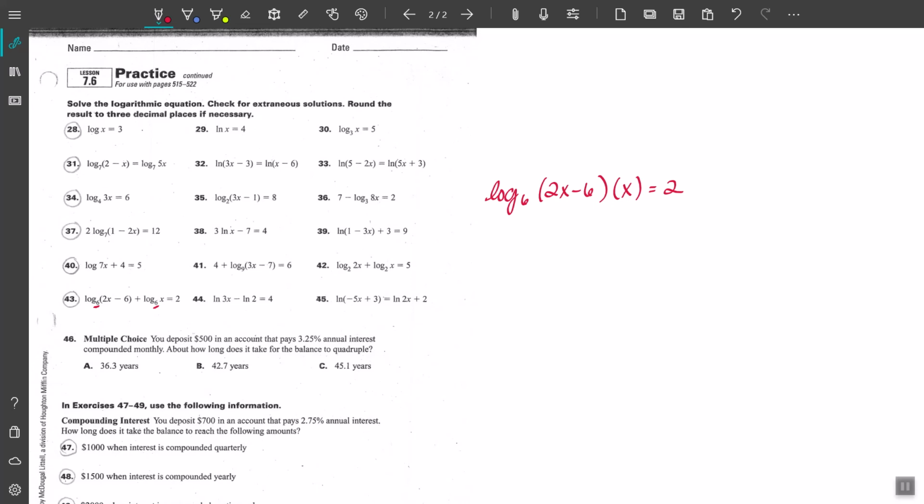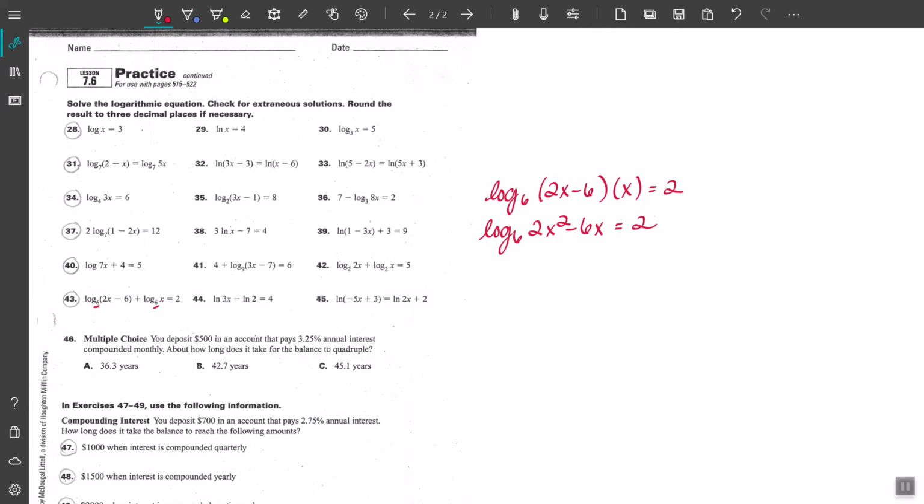Okay, we're not ready to move into exponential notation until we have this simplified. This is how we condense these logarithms on the left-hand side. So we just need to finish that multiplication off by distributing the x. That's all I'm doing here, just distributing that x out, and we end up with this right here.